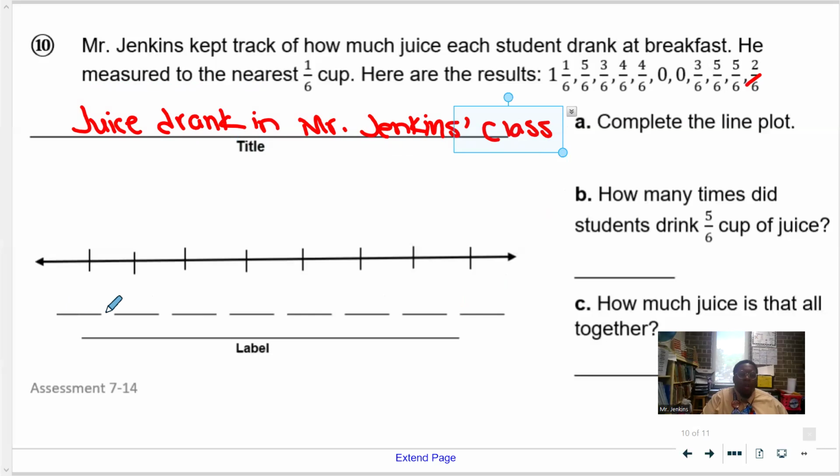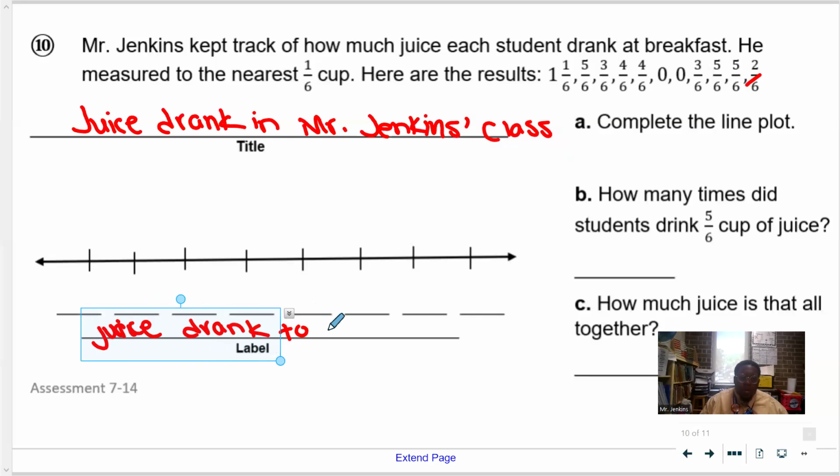Now I have these spots at the bottom. These are going to represent each of the 6ths of cups of juice that we drank. So when we label this, let's just say juice drank to the nearest cup.